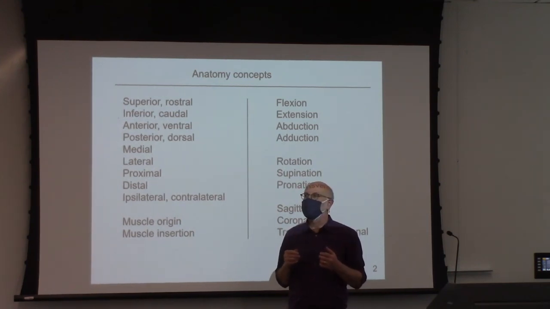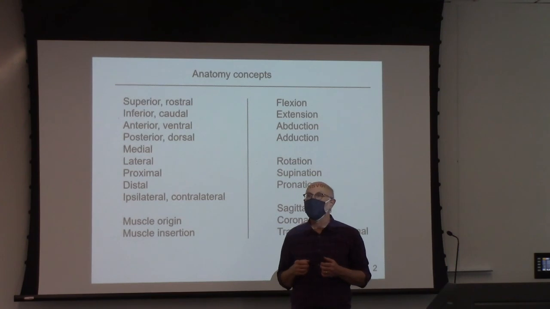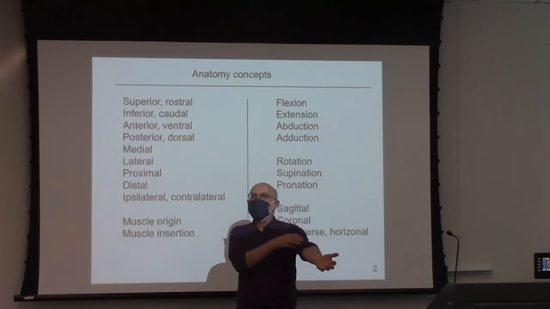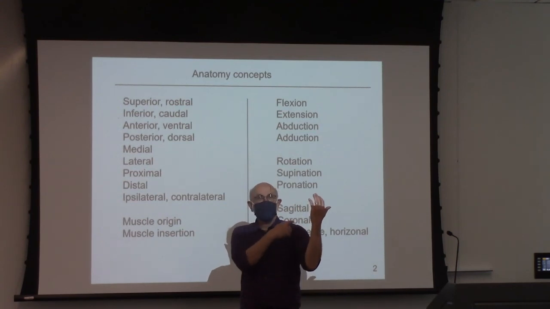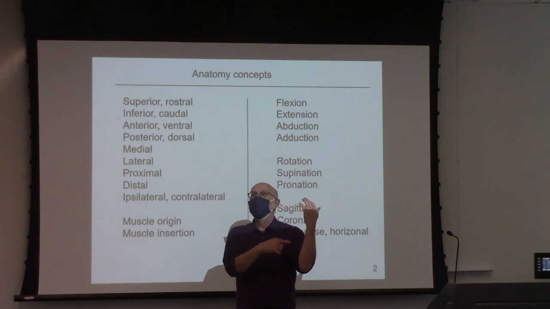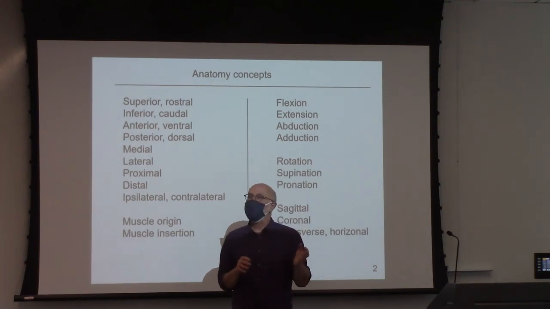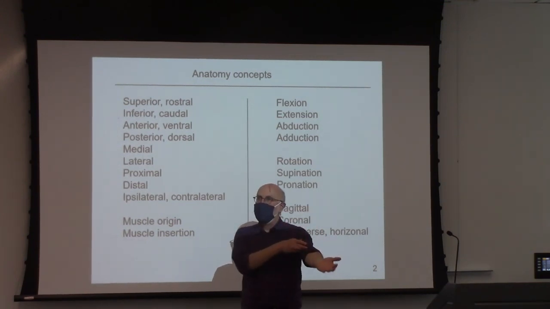A hardcore anatomist would be expecting you to learn the name of the muscle, the action of the muscle, its origin, and its insertion, what bones it connects to. We're going to trim that a little bit. I'm going to expect you to know the names of muscles and what they do, but not origins and insertions.